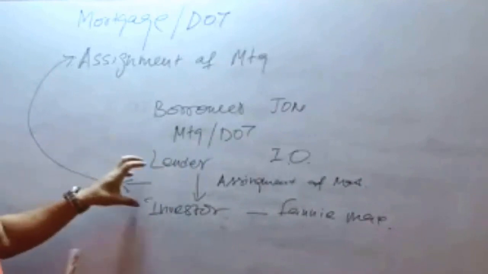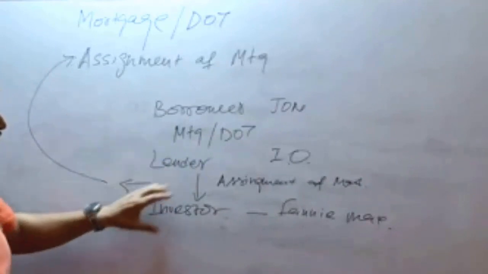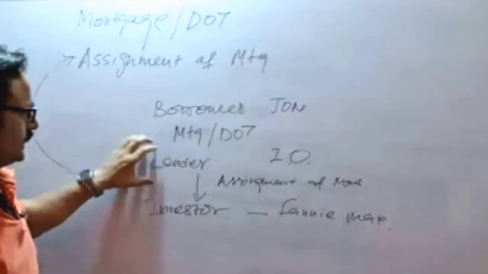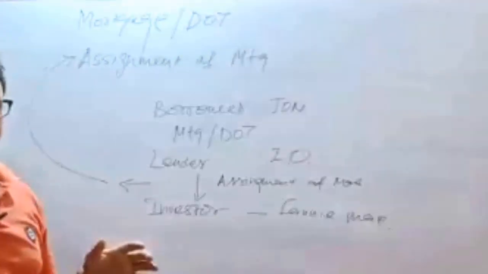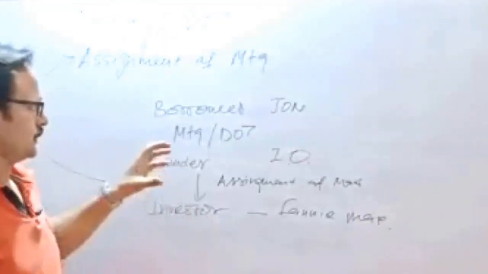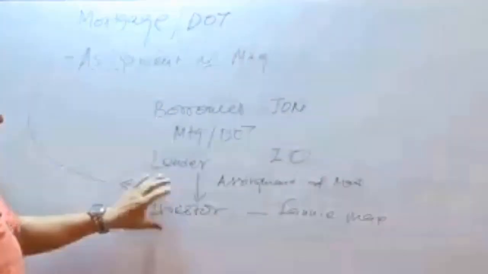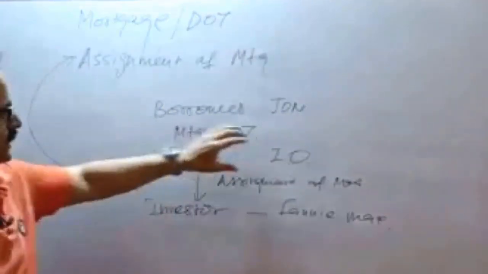Now, once the lender signs this assignment of mortgage document, that means lender is giving all the authority, right, to the investor, and now investor name will be considered instead of Indigenous Outlook.